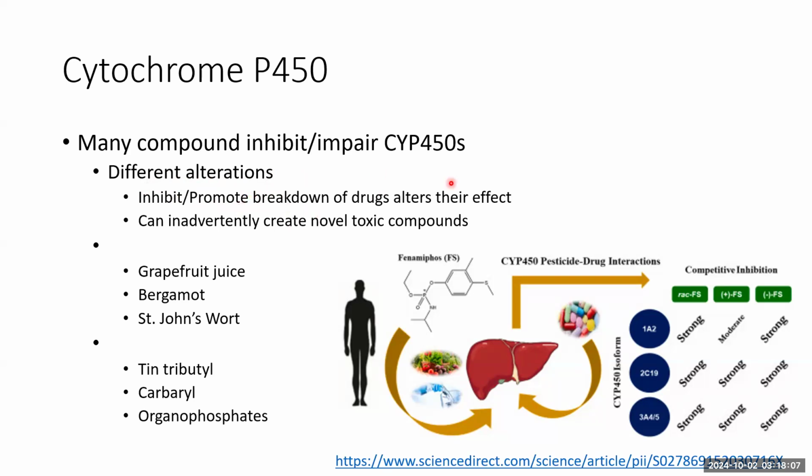Especially, this can promote the breakdown of drugs to alter their effect. We can see this inadvertently creating novel, that's what novel means, novel means new, toxic compounds. And so here's a whole paper. If you wanted to read this paper, this is about how your cytochrome P450s can take phenamiphos and break it down. There are all the ways they can break it down correctly and all the ways that they can break it down and make accidental toxic compounds.